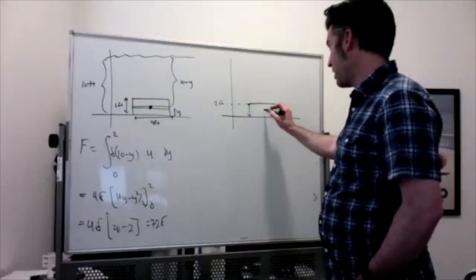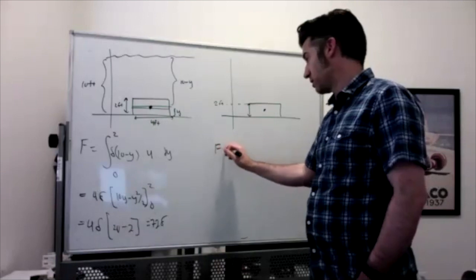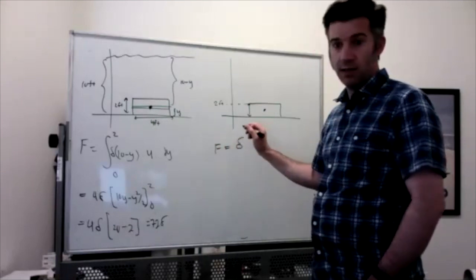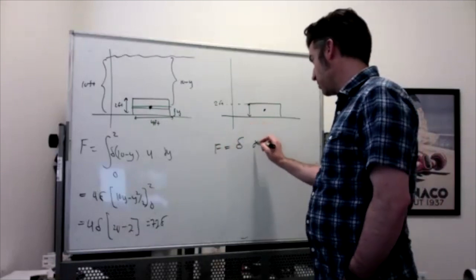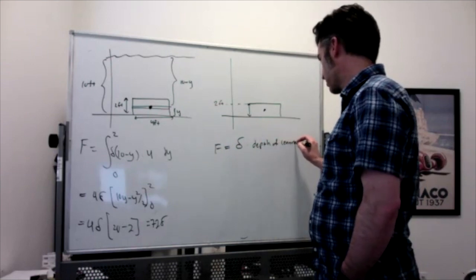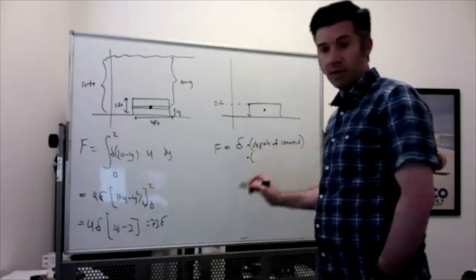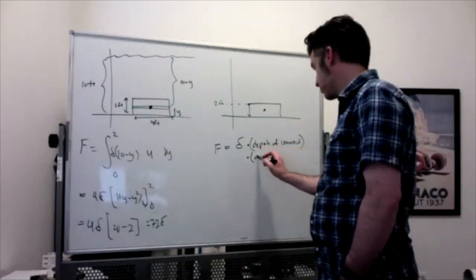So the force on it is going to be the density times the depth of the centroid times the area of the rectangle.